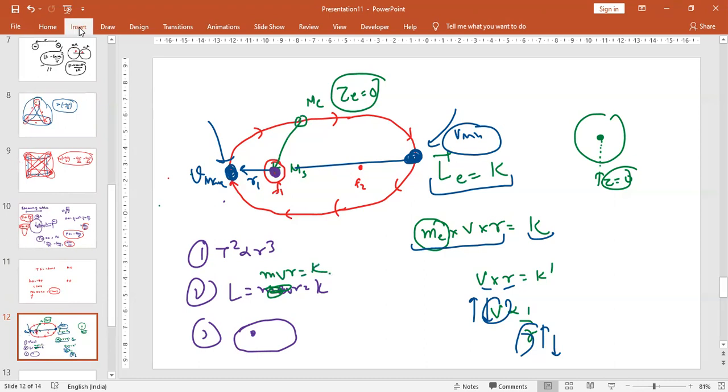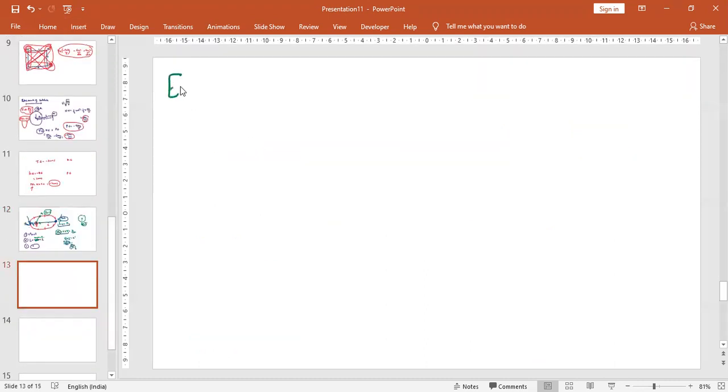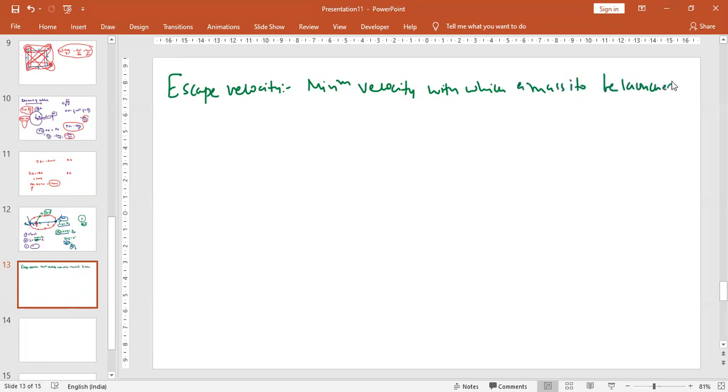Okay. And the third thing is escape velocity. So what is escape velocity? It is the minimum velocity with which a mass is to be launched so that it escapes to infinity.